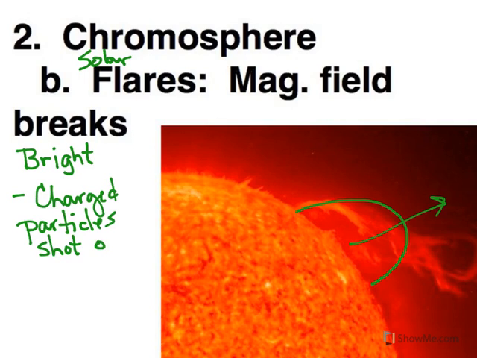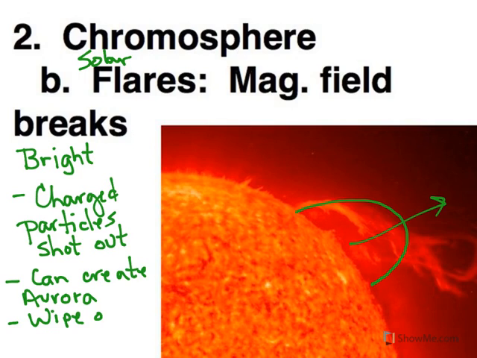If those come towards Earth, if it happens to be aimed just right, on Earth it can create aurora, which are also known as the northern lights, which are very pretty. Well, it can also wipe out satellites and electrical grids.